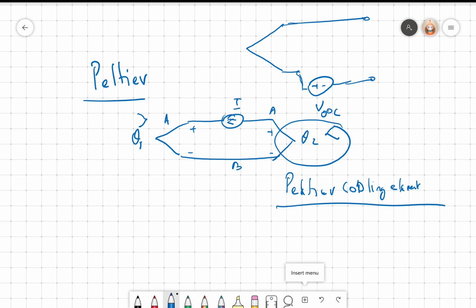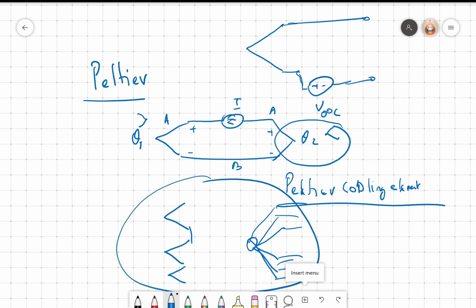Now, of course, I can take a number of thermocouples. I can either connect them in series or connect them in parallel, which is possible, right? Whether I connect them in series or in parallel, both are called a thermopile. A thermopile simply says more than one thermocouple is connected. It doesn't say whether it is connected in series or in parallel.